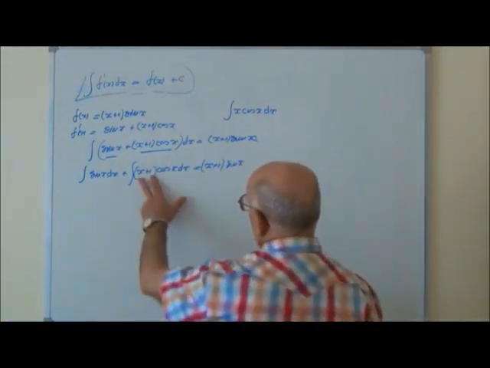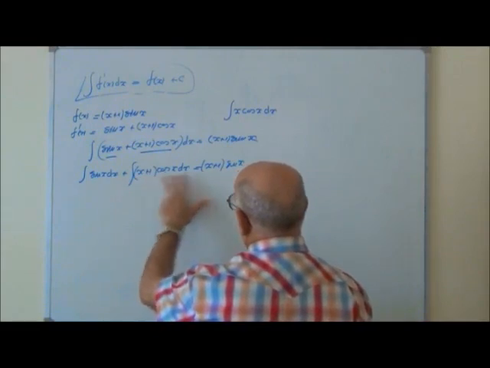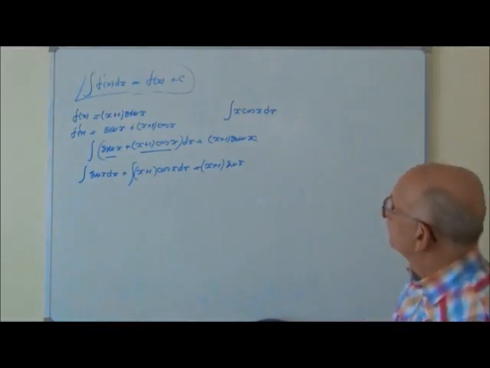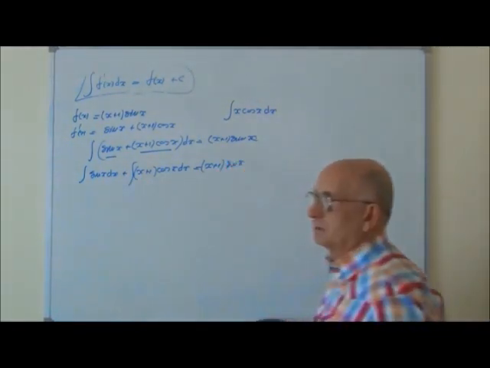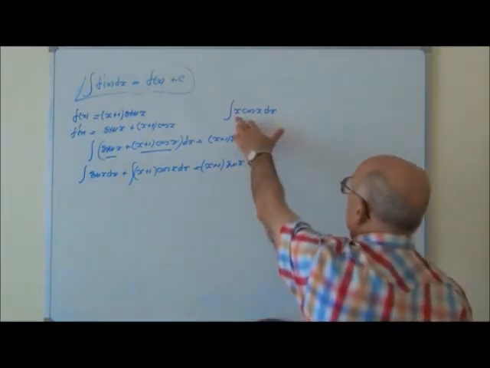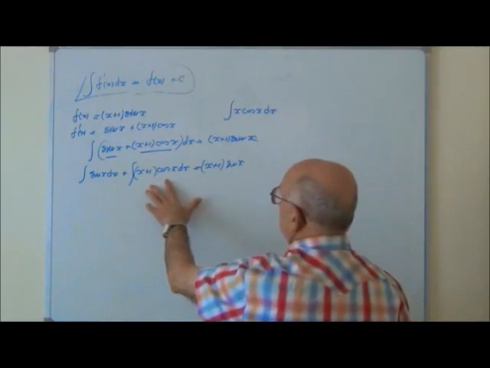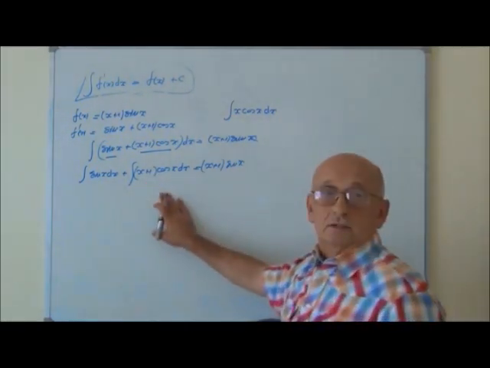So what? Is the integral of x plus 1 cosine x this? No. This here is the integral of both of them. Still, I don't have x cos x, because I have x plus 1 cos x. Wait, why not expand this?